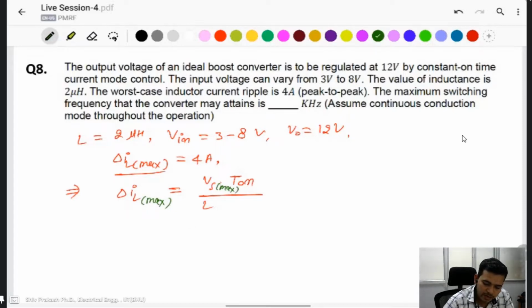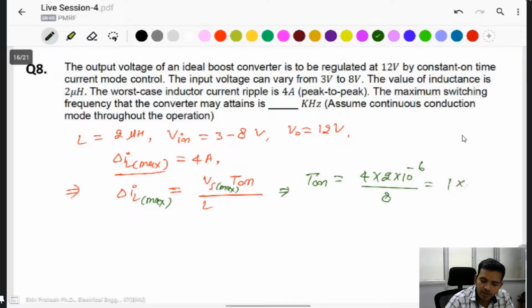Take it, then find T on. Delta IL is given as 4 ampere, L inductor is given as 2 microhenry, at Vs of 8 volt. We find 1 into 10 to the power minus 6 second. This is the on time period.